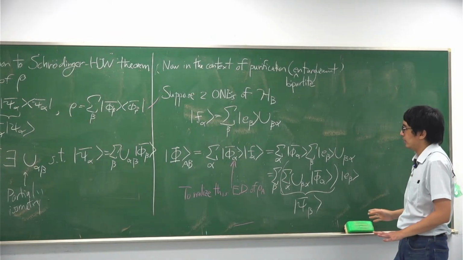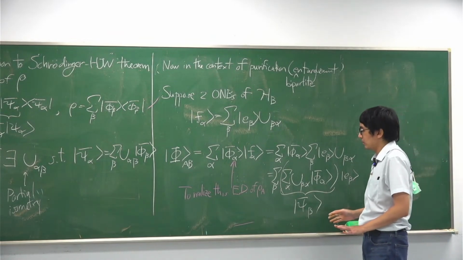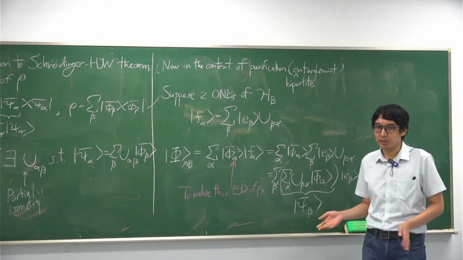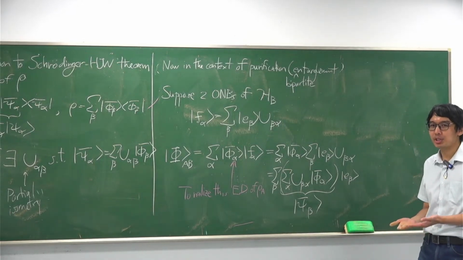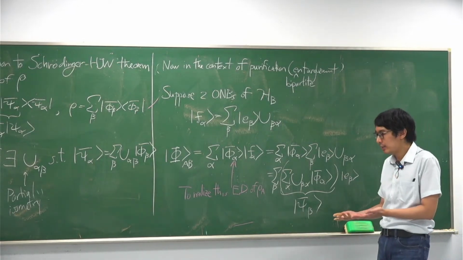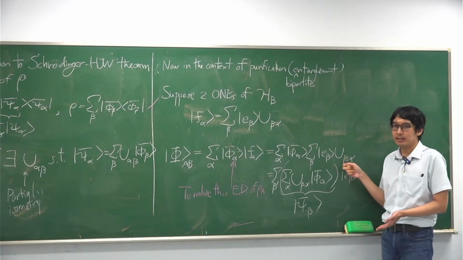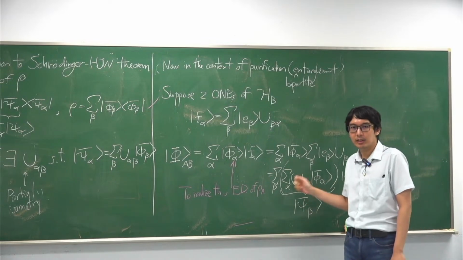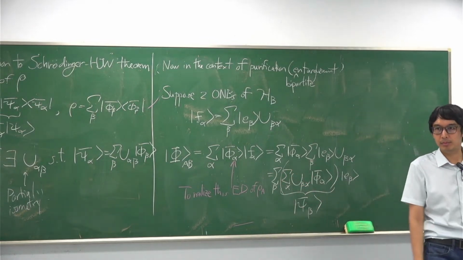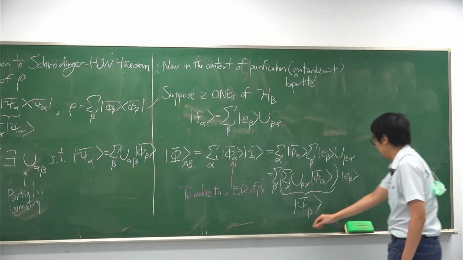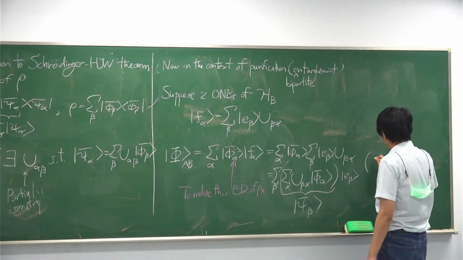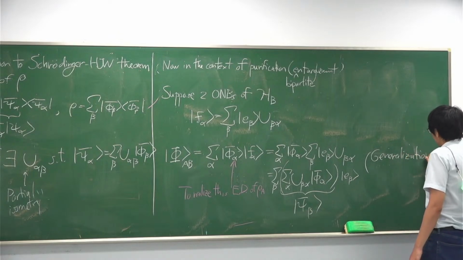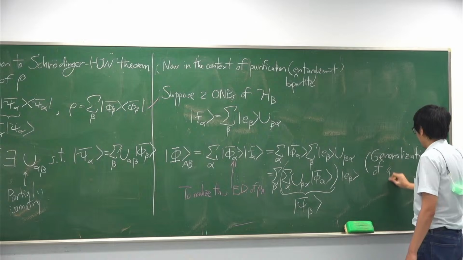But if Bob wants to realize a different ensemble decomposition for Alice, then he would just make a measurement in a different basis, right? And then call Alice, and then Alice will have a different ensemble decomposition. So in a way, this is a generalization of the quantum eraser.